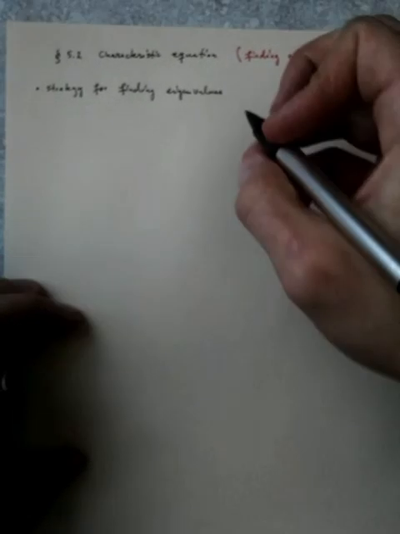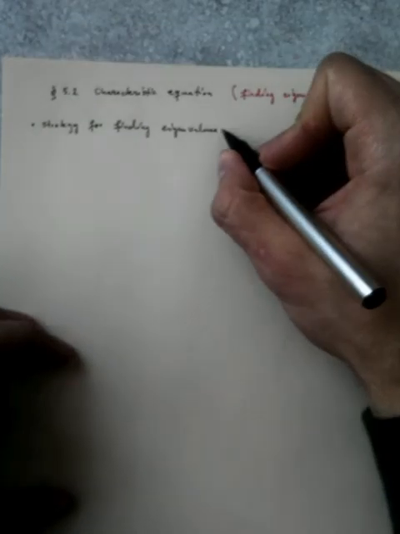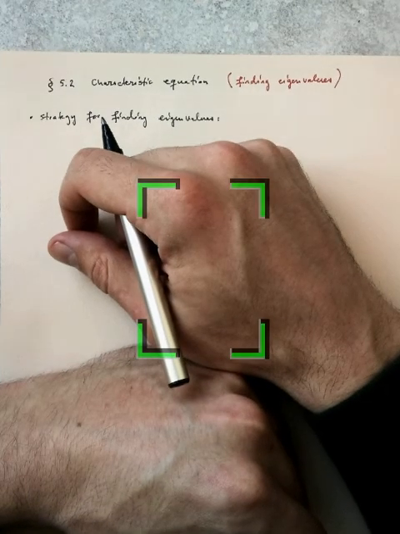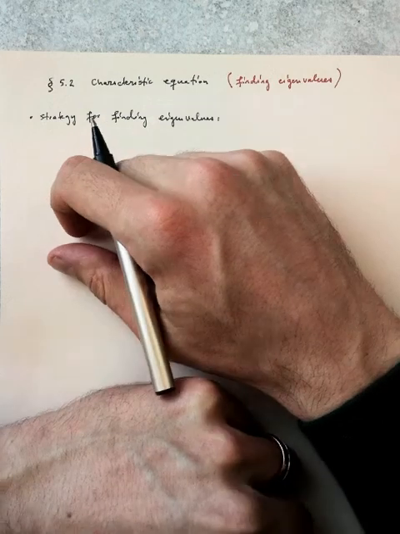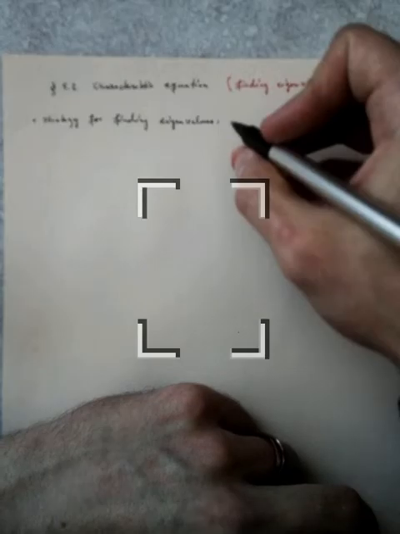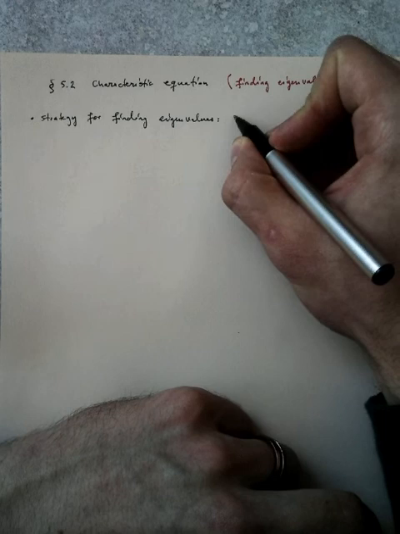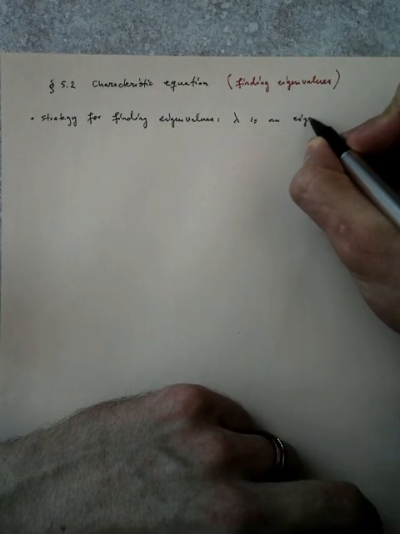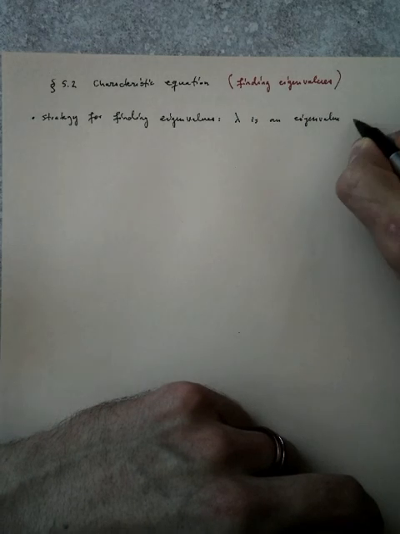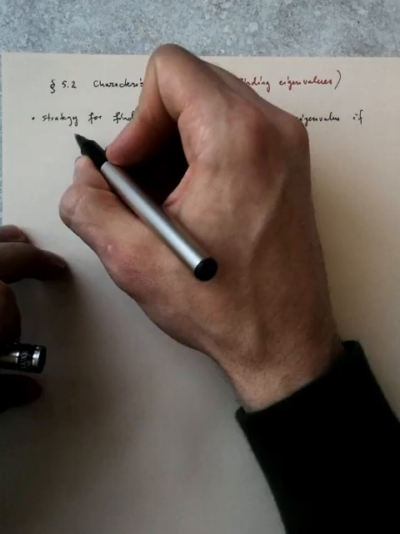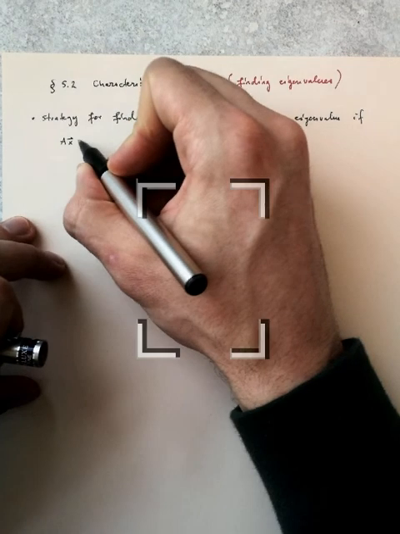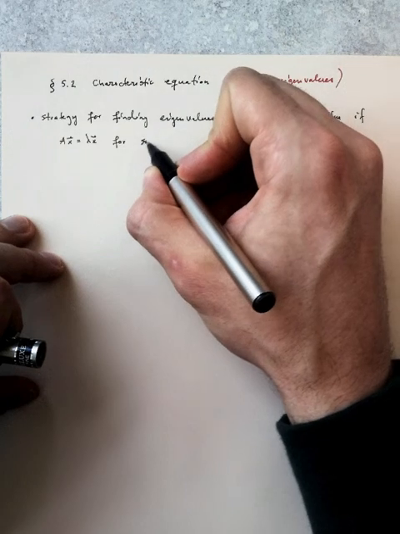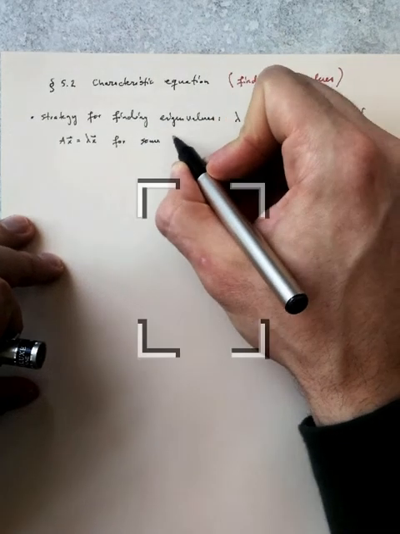Lambda is an eigenvalue if A times x is equal to lambda times x for some x.